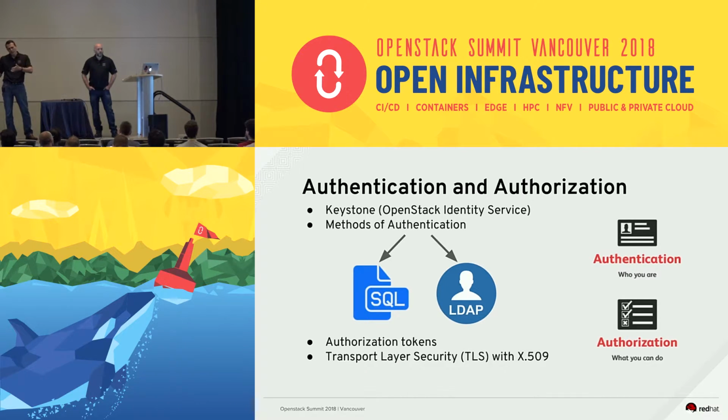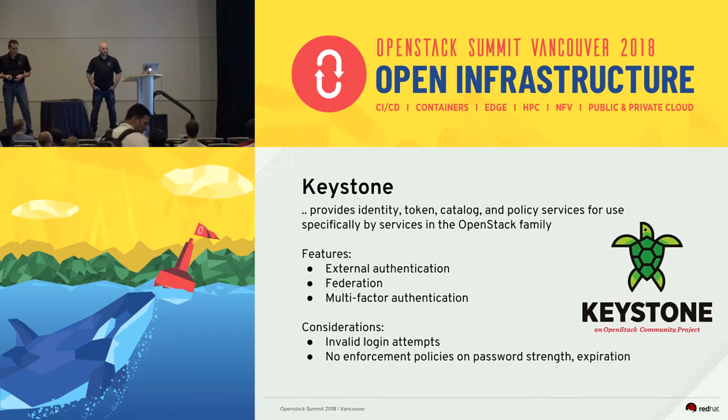After you're authenticated, a token is issued to you with the list of catalogs and what actions you can or cannot do. And of course, this can all be encrypted with X509. So Keystone provides identity, token, catalog, and policy services.